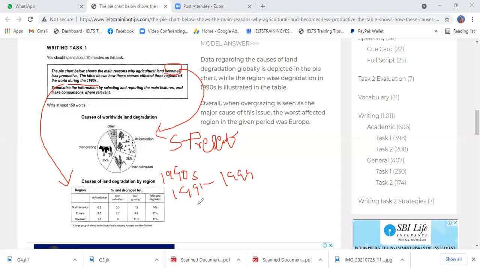The 10 years, 90, 91, 92 up to 1999, the 10 years that we call the 1990s. 1980s means 80, 81, 82 up to 89. So the 10 years from 1990 up to 1999, 2000 is different. So the causes of land degradation by region during this 10-year period, this is simple past tense.